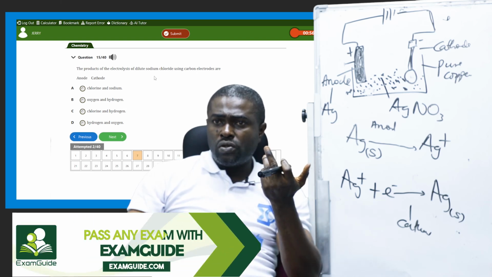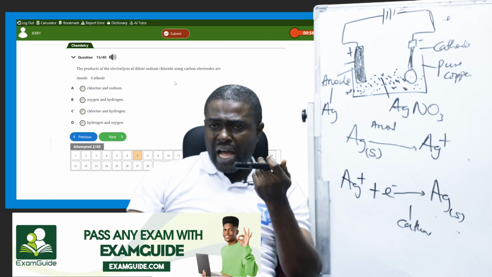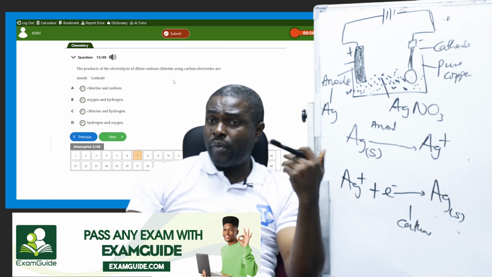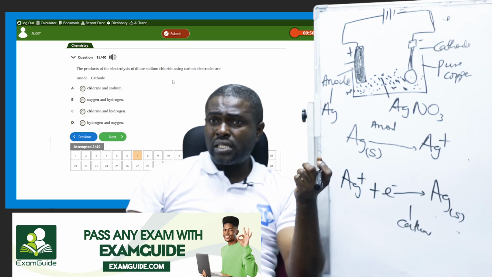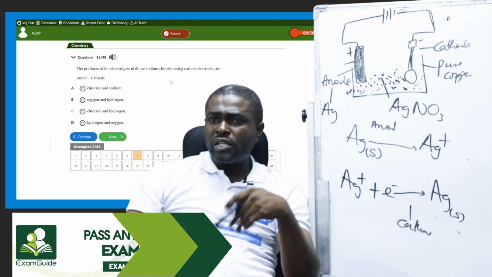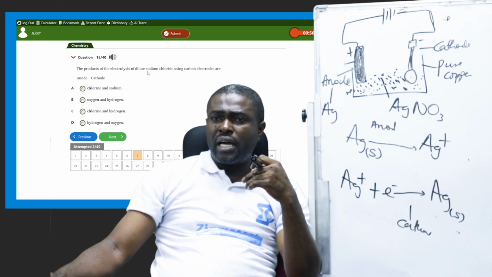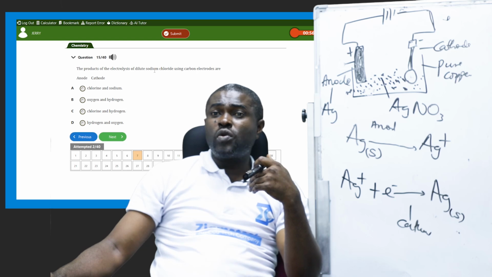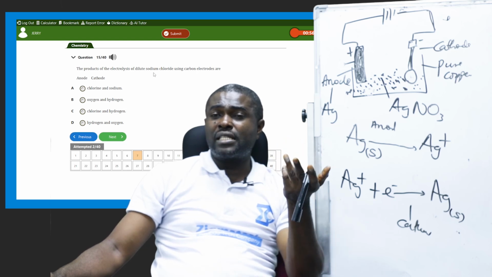So once it's dilute, OH- will be discharged at the anode. Finally, what will OH- lead to? Formation of oxygen, right? Then at the cathode, between sodium ion and hydrogen ion, hydrogen will be discharged. That means hydrogen gas. So the two gases we are going to get are hydrogen gas and oxygen gas.